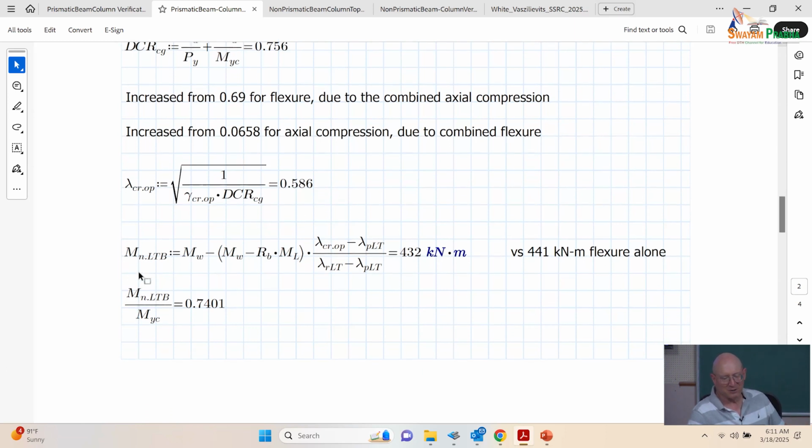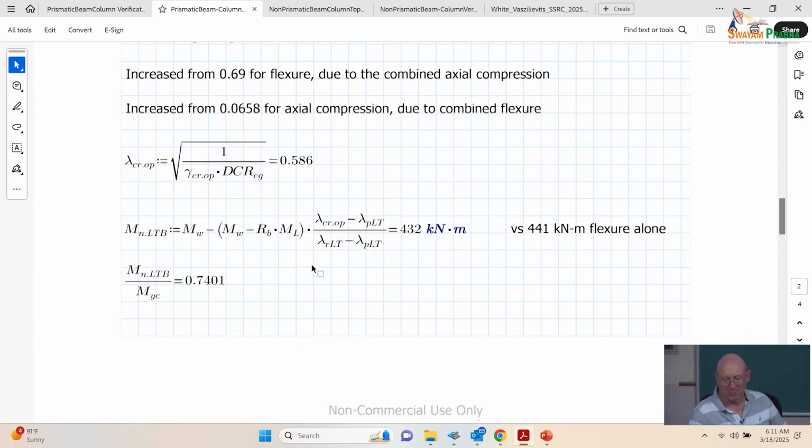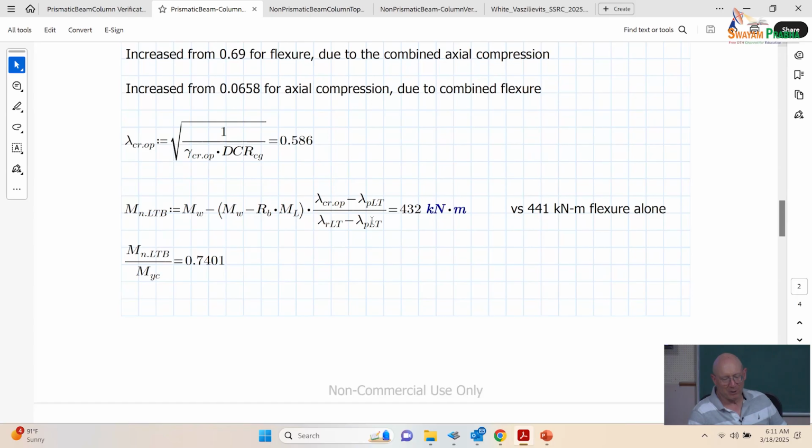We got 0.586. So now that slenderness is used in both the flexure calculations for lateral torsional buckling and the column strength equation for the column axial compression. So when I go to the LTB strength, I've got a lambda critical OP here where we had lambda LT before.